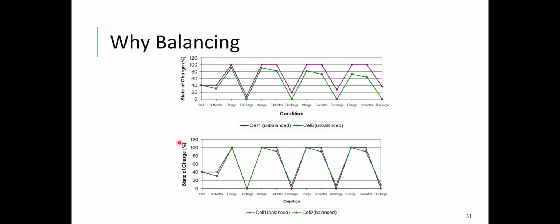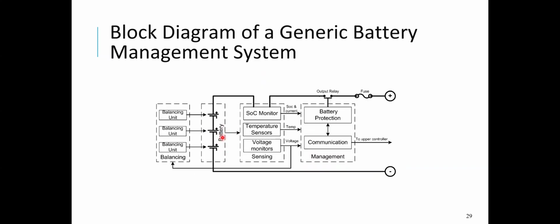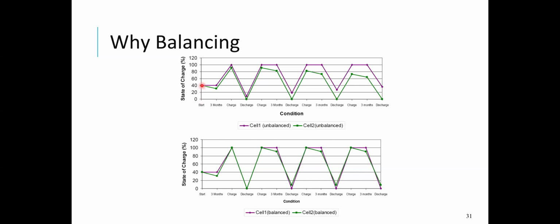So here's what that looks like. If I have two battery cells in series, and one has a slightly higher resistance than the other, let's just assume that one has slightly lower capacity than the other, which is a better example.